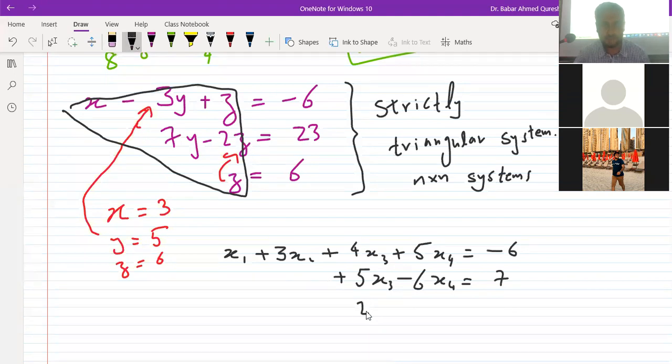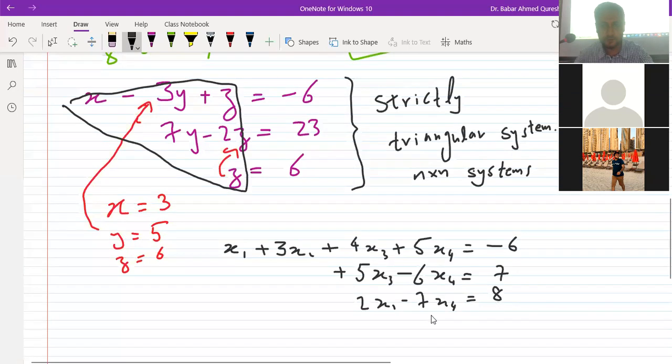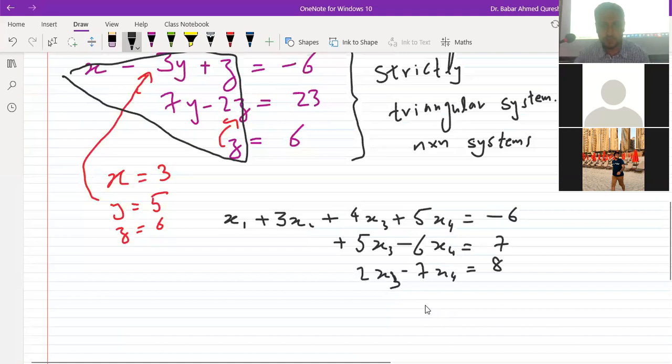And then I have x3, and then I have 5 x4 is equal to minus 3.